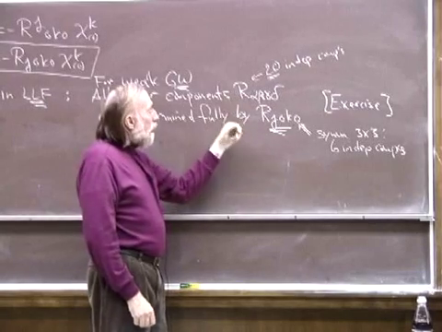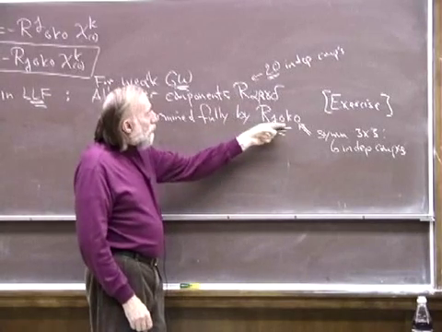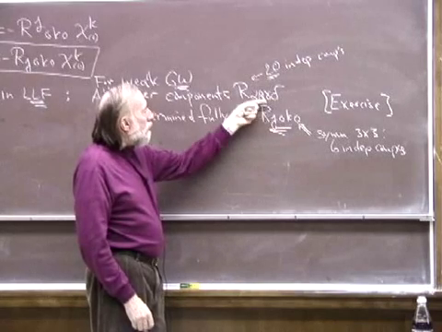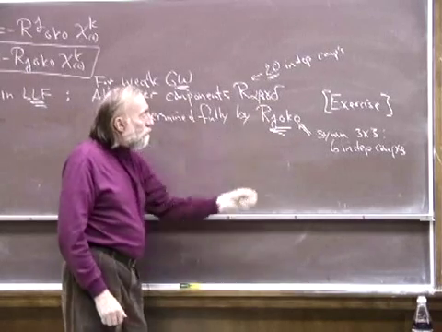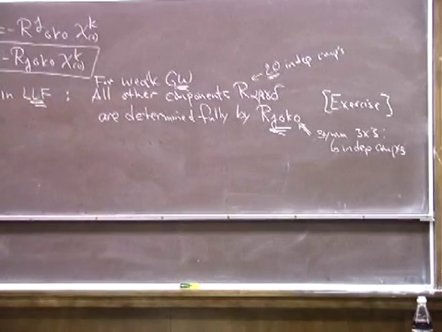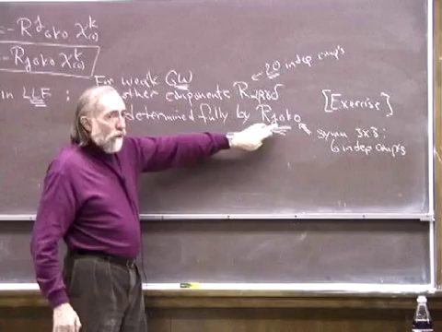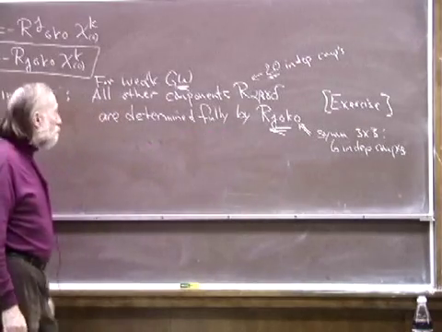So in a wide variety of other theories of gravity, this statement remains true, that these 6 independent components here determine all 20 components of the Riemann tensor. But in general relativity, 4 of these cease to be independent of the others. Only 2 of them are truly independent.